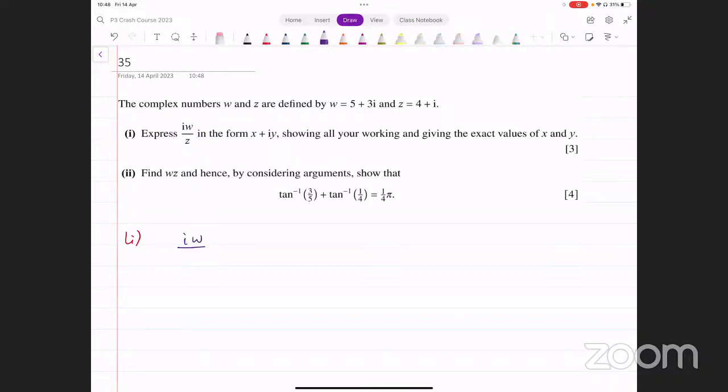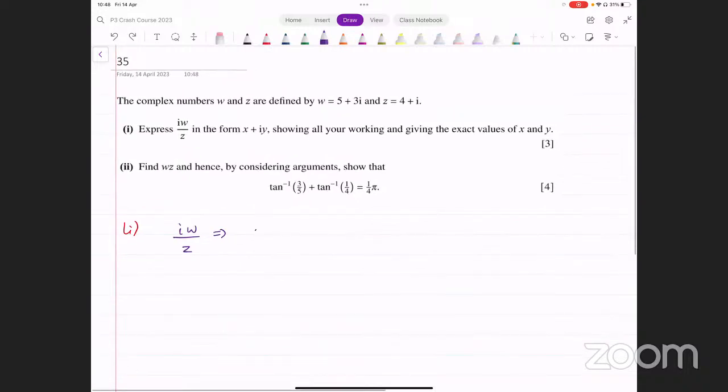Iota w over z. And the first part is simple algebra. You just input those values here. W is equal to 5 plus 3 iota. So it becomes iota into 5 plus 3 iota divided by z, which is 4 plus iota.